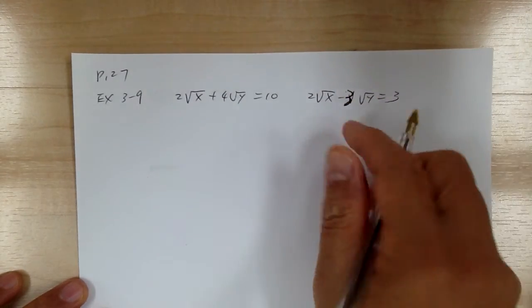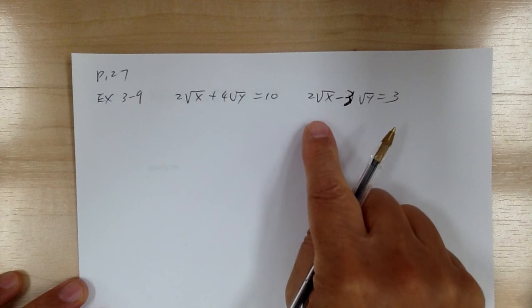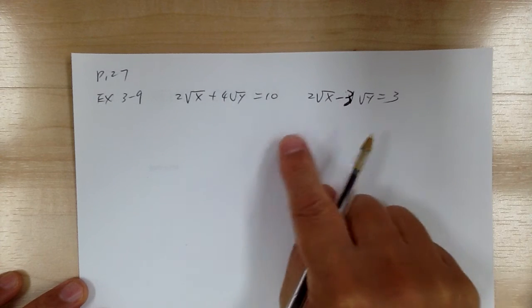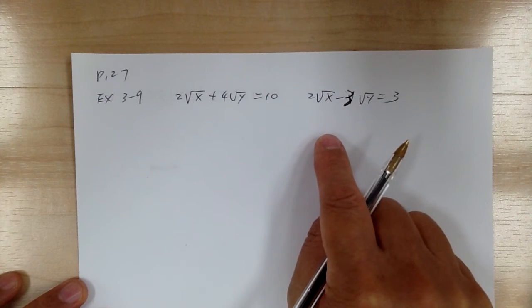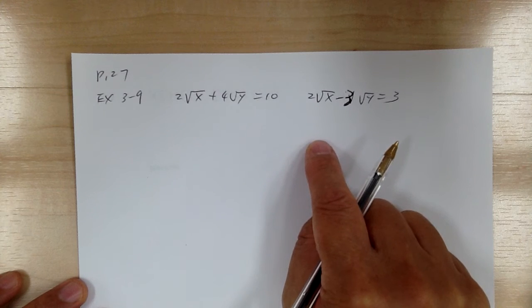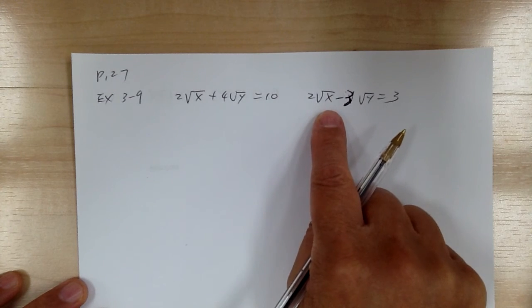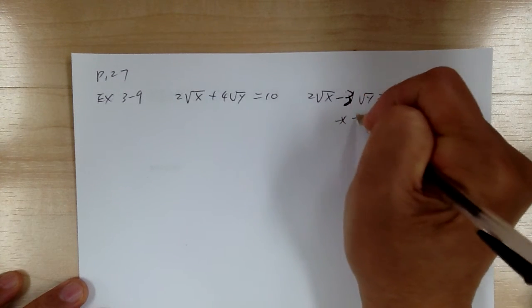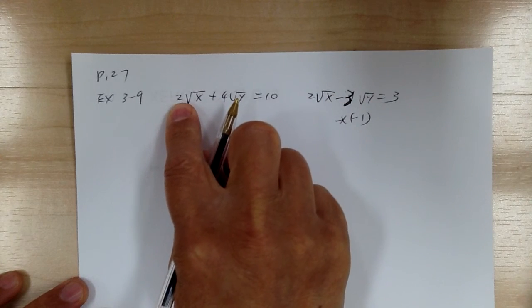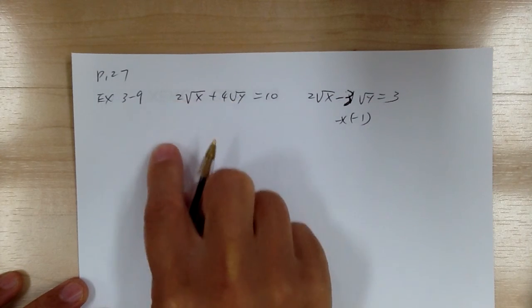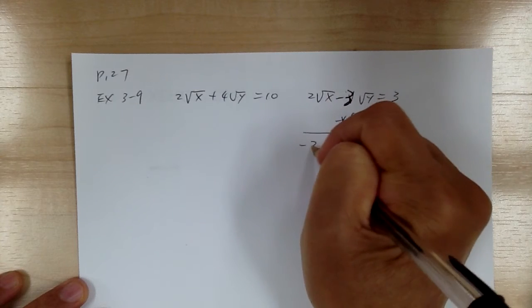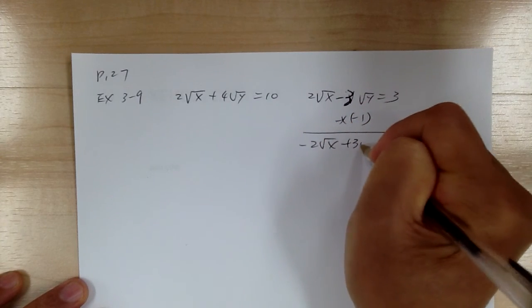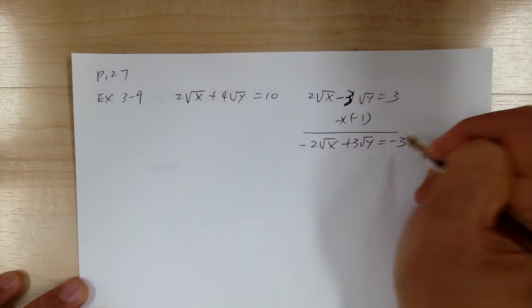Okay, so what we're going to do is solve for square root of x and square root of y before we solve for x and y. So I'm going to multiply this by negative 1. So that makes the coefficient of the square root of x opposite. So I got negative 2 square root of x plus 3 square root of y is equal to negative 3.